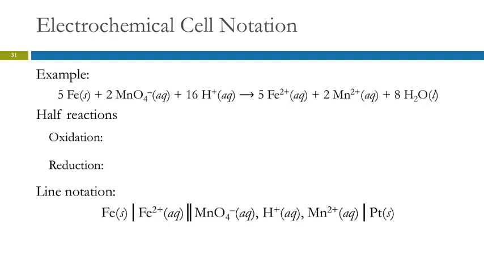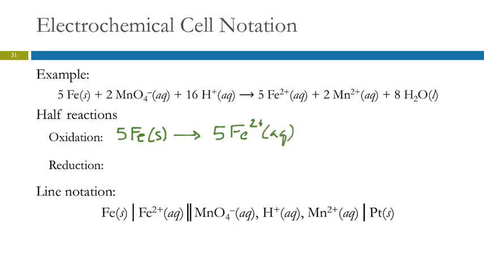That's oxidation. So our oxidation half reaction is going to include 5 Fe solid going to 5 iron 2+ ions.